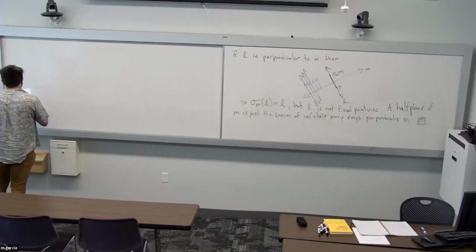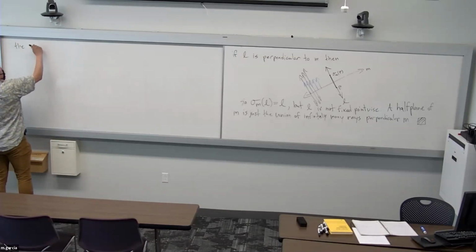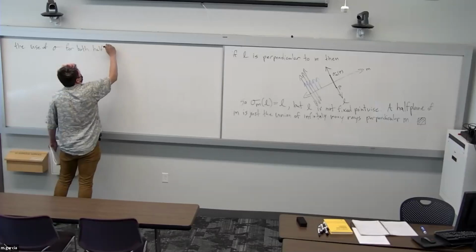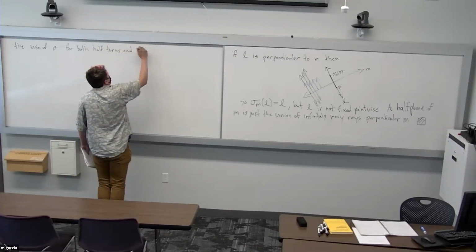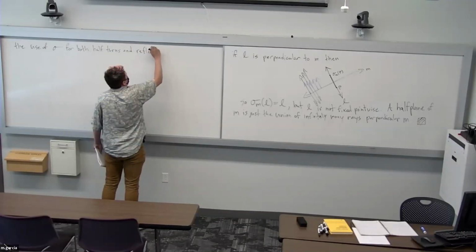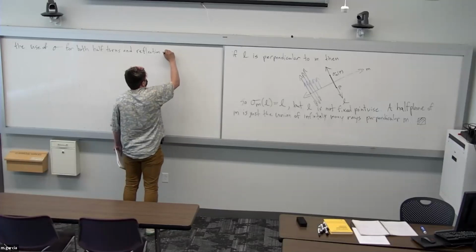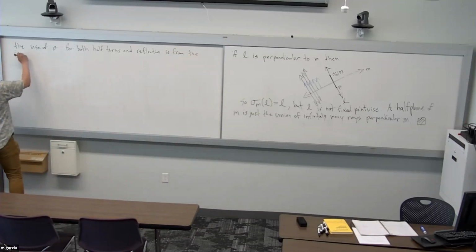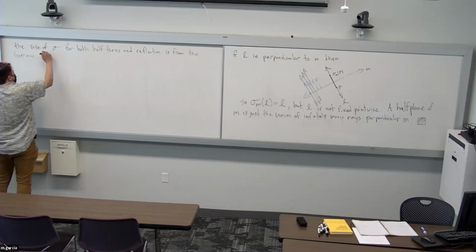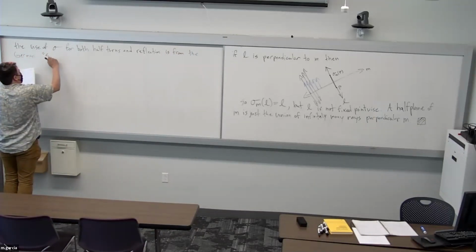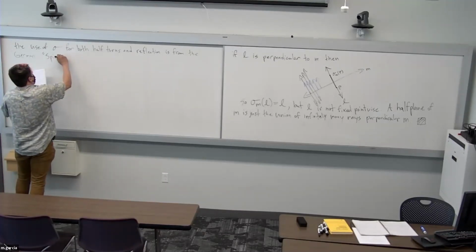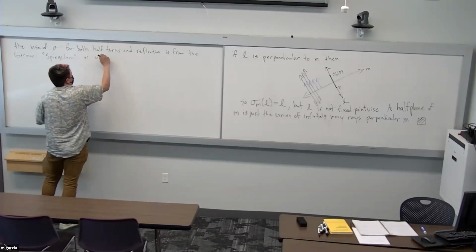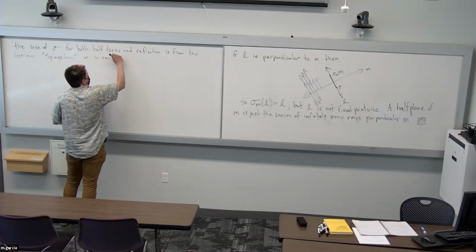The sigma for both half turns and reflections is from the German Spiegelung, or in English, reflection.